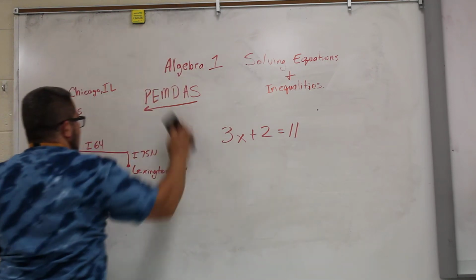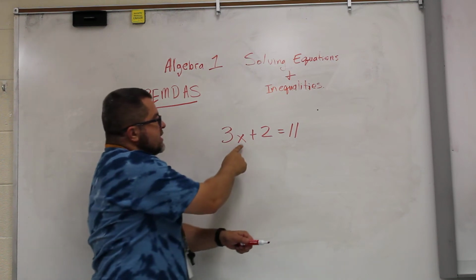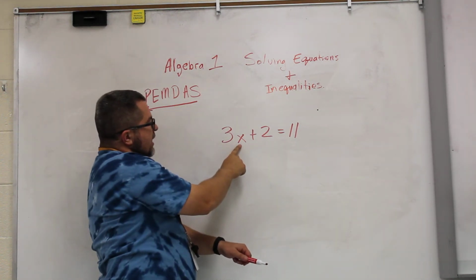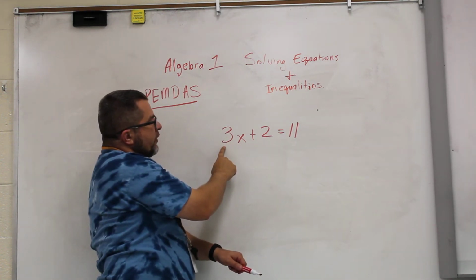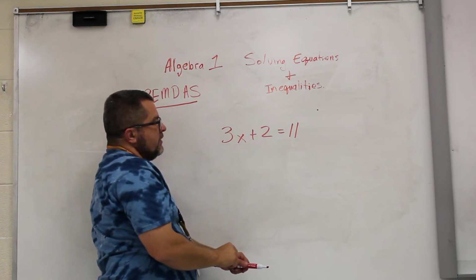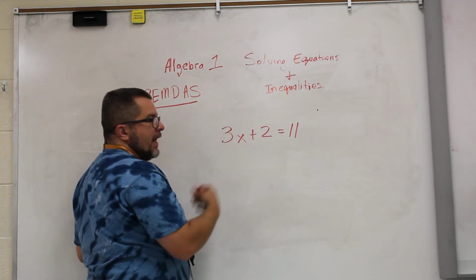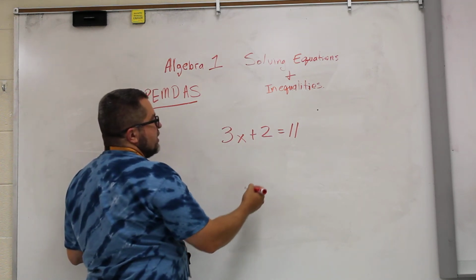So how does that apply to this problem? Well, the order of operations says take x, multiply it by 3, then add 2, and we end up at 11. To undo that, I have to undo the addition first. The last thing that was done has to be the first thing to be undone.